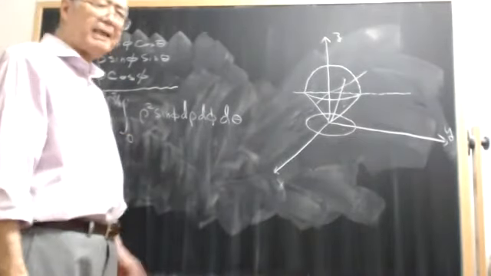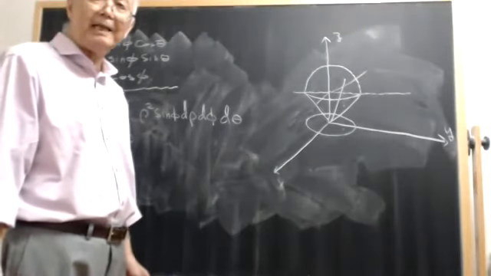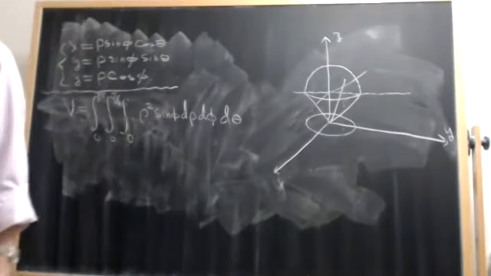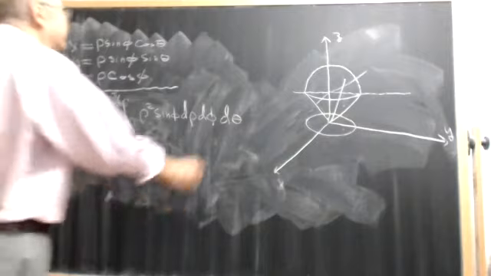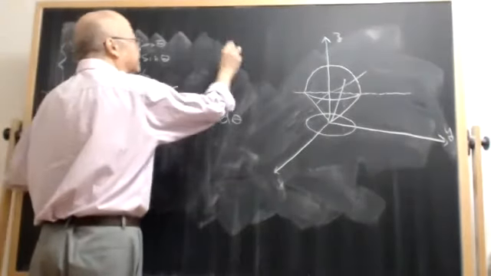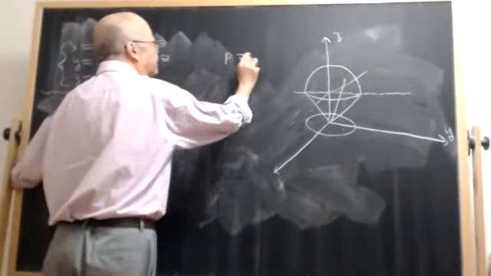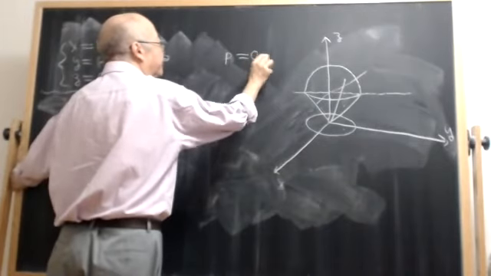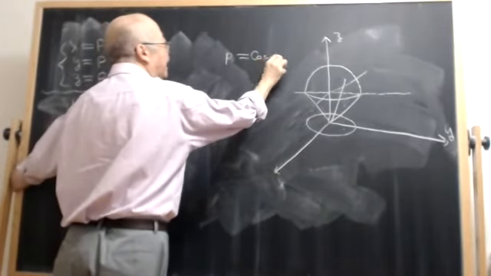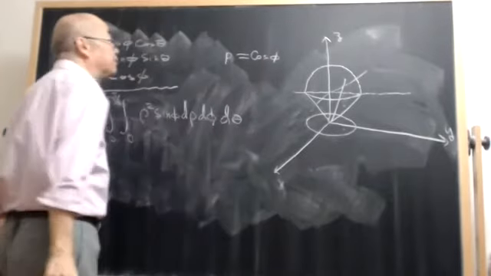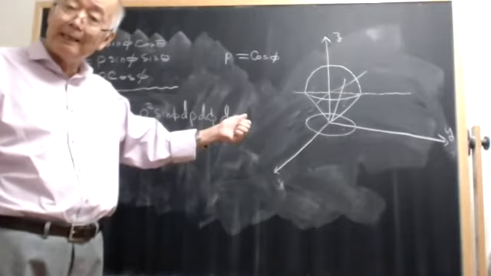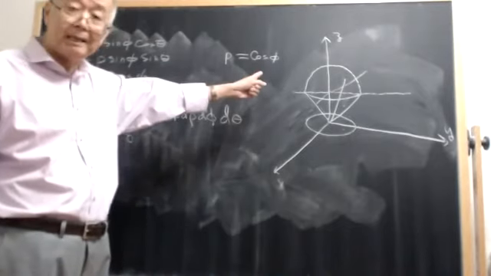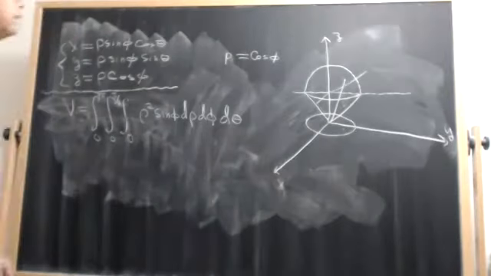So what is the equation of the sphere again? Do you still remember? Well, the sphere, if you remember, is rho equal to cosine phi. A sphere in spherical coordinates is given by this equation, right?